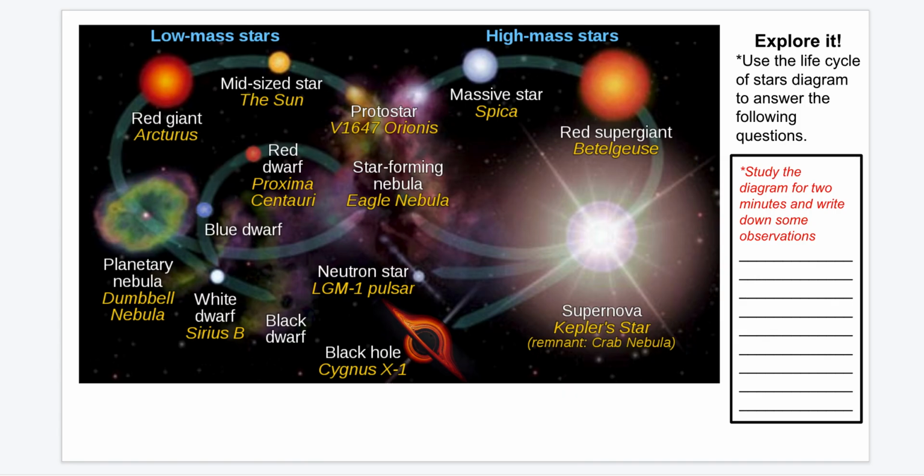Slide 6. Explore it. Use the life cycle of stars diagram to answer the following questions. Study the diagram for 2 minutes and write down some observations. Low mass stars, high mass stars.